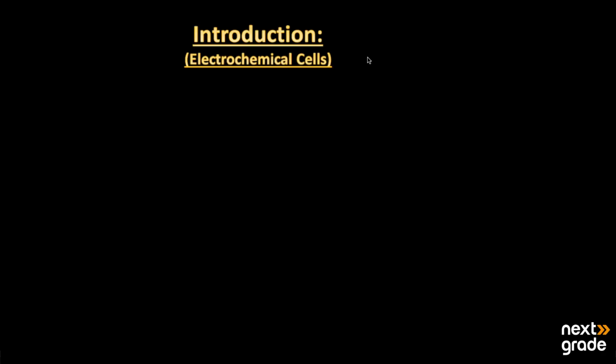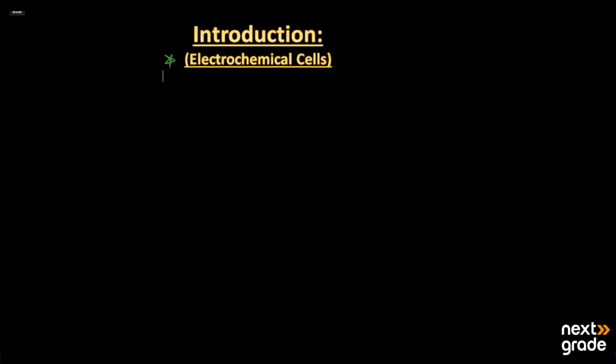So, the topic we will discuss today is electrochemical cells. Basically, all the electrochemical processes that are taking place are because of different types of electrochemical cells. Now, what is meant by electrochemical cells?